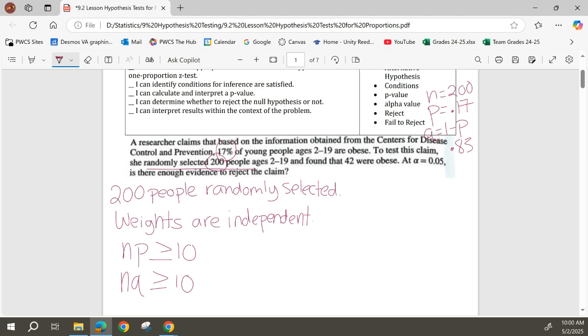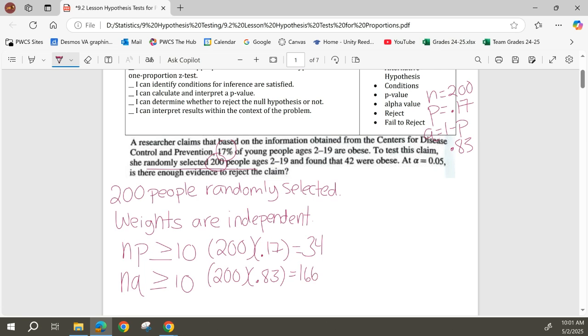So to make these calculations, which we should actually do, I'm going to do my 200 times P. And when I do that, I get 34. And then I'm going to do my 200 times Q and get 166.